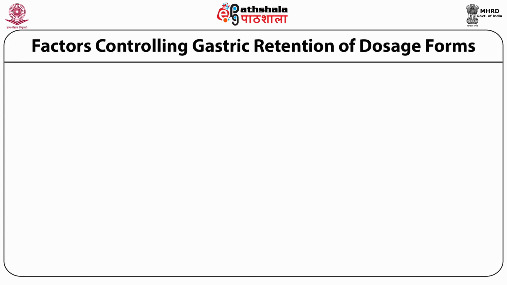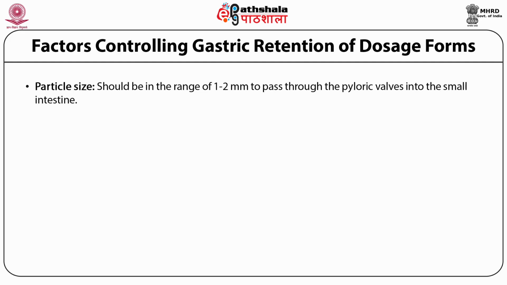We will now discuss the various factors controlling the gastric retention of the dosage form. Gastric retention per se is the primary attribute based on which we can talk about the success of the dosage forms. The factors are summarized below. Beginning with the first factor, particle size.